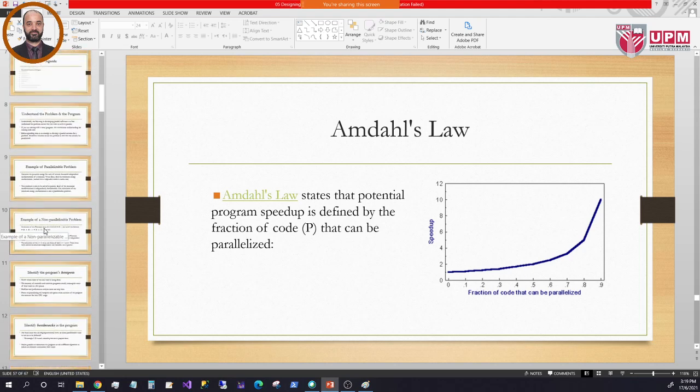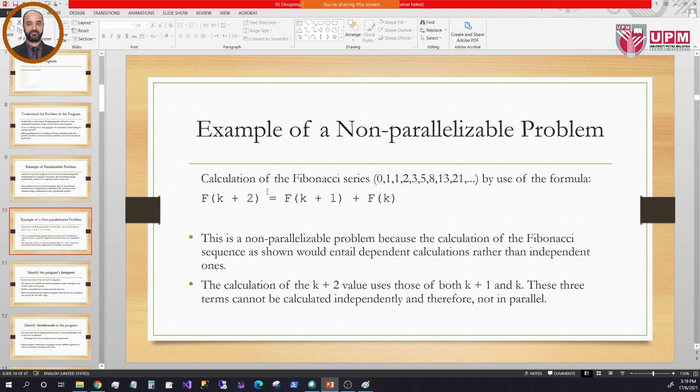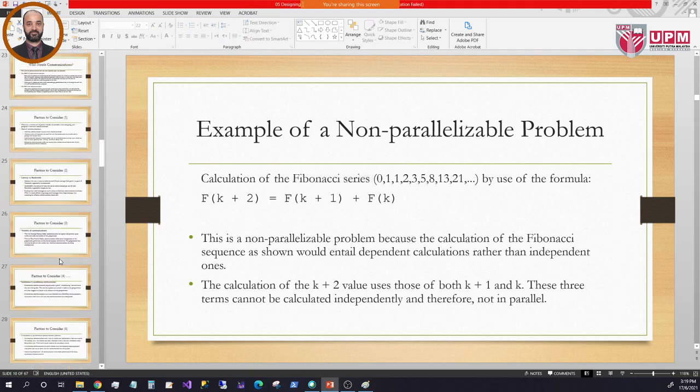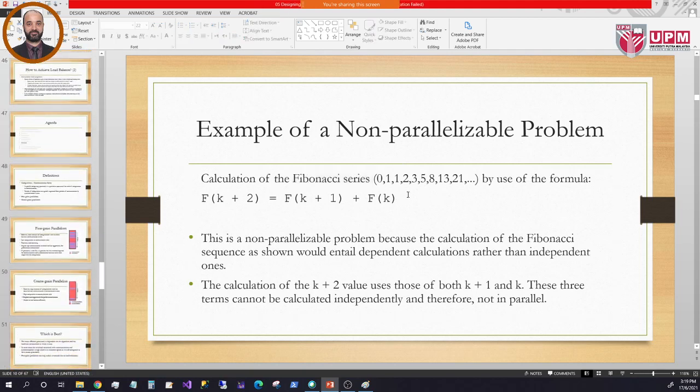You remember the Fibonacci series. If we are talking about the Fibonacci series, in that case P is very low. Why? Because the Fibonacci series has dependent tasks, that's why we cannot go forward until we finish.